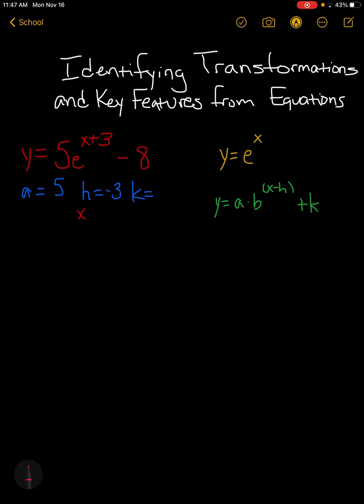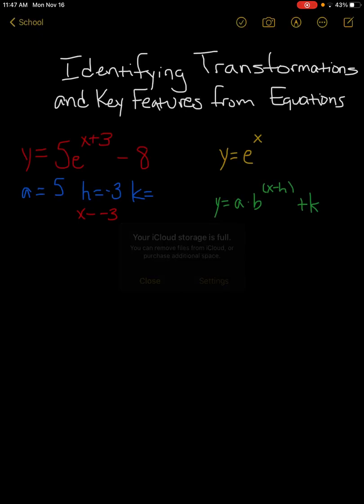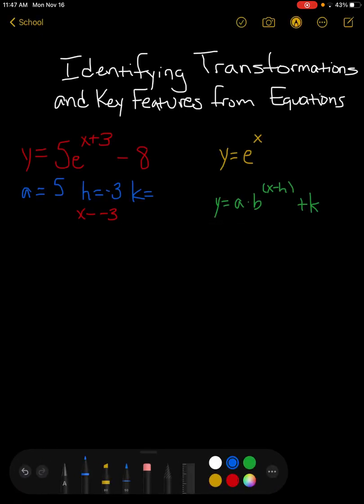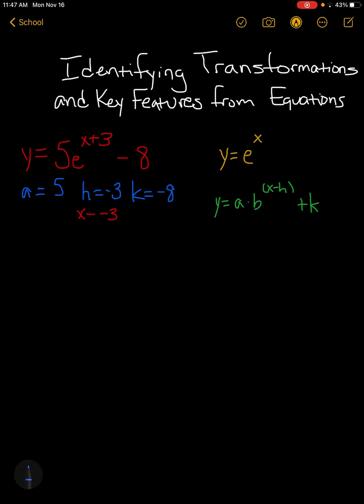When we have x plus 3, that's the same thing as x minus a -3, which is why -3 is our h value. Now k is going to be the number being added or subtracted. In this case, it's -8. So I have those three values.